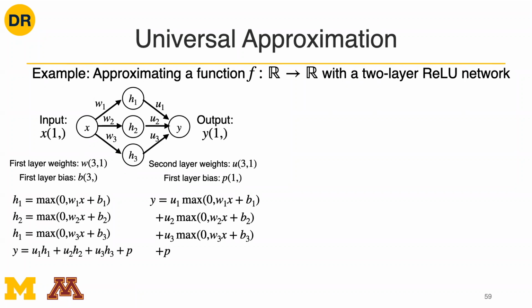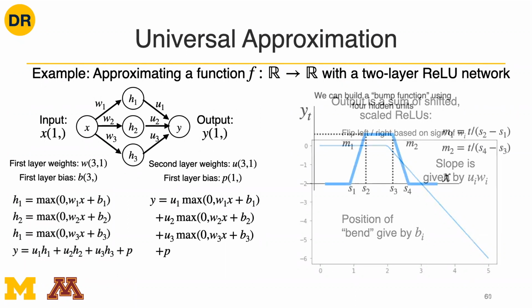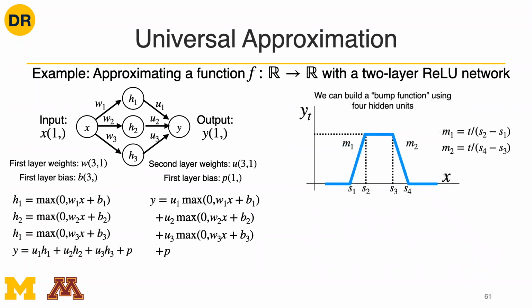What this can actually do is approximate a piecewise linear function such as this one, where it can be thought of as a sum of shifted scaled ReLUs. The position of the bend will be determined by your BIs, and the slope will be determined by your UIs and XIs. So for example, let's say we are looking at a bump function that is like this.